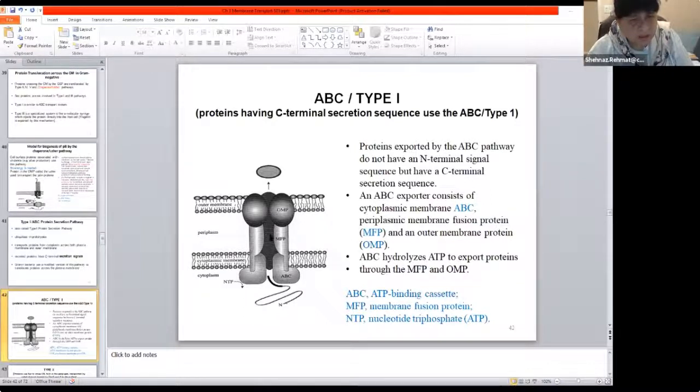Then there is the membrane fusion protein that connects the two membranes, and then the outer membrane protein is there. And this whole channel allows this protein to be secreted out. Of course this is dependent on the ABC system where ATP binding cassette is used, or ATP is being hydrolyzed, and that energy allows the secretion of that protein.